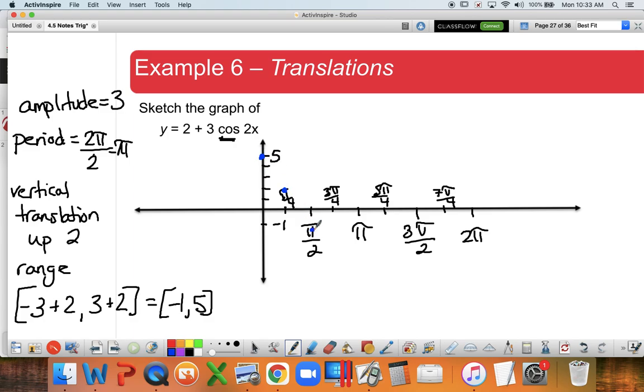And then I come down to -1, and then I go back up to 2, back up to 5, down there. Right, so kind of my new x-axis or my new middle point is going to be right there at 2. And then last but not least, my 2 pi's up here. And then go ahead and draw your cosine curve.